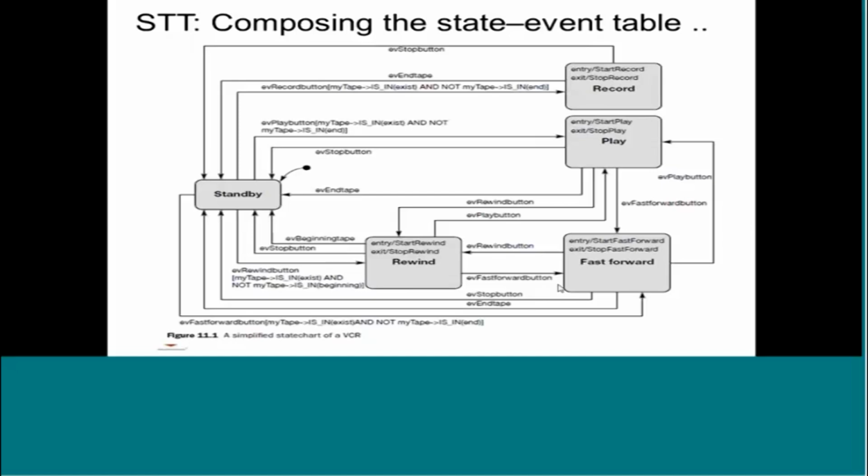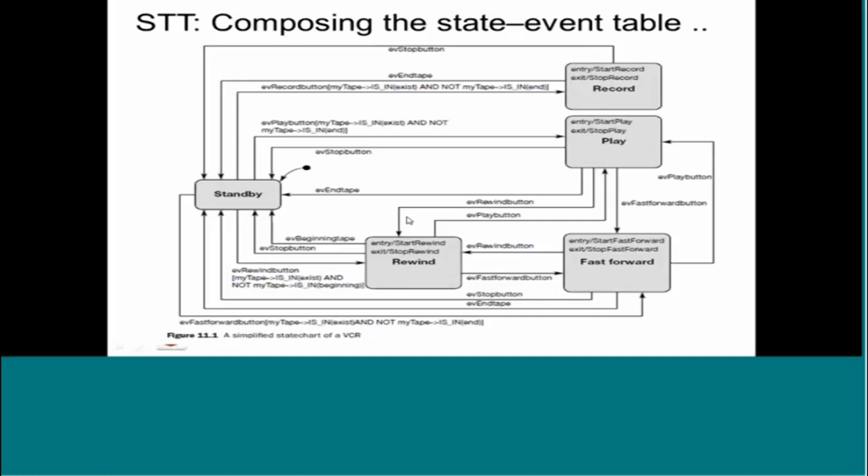Similarly, once we go to standby upon power up, next we are going to play. From play, it can come back to standby again if the stop button event is done. Similarly, from play, we should be able to go to rewind.